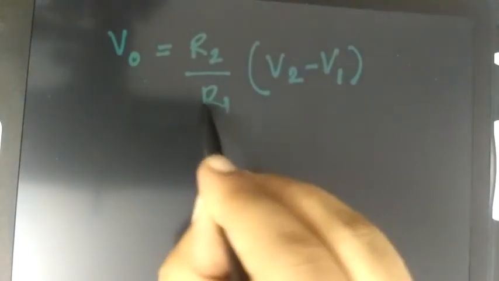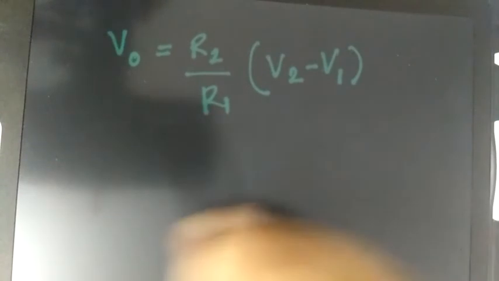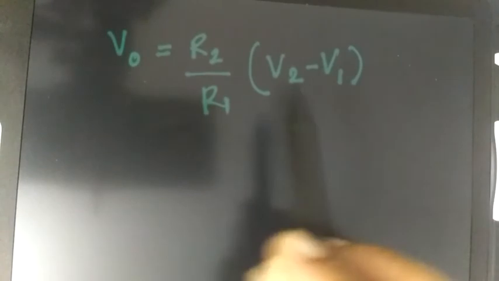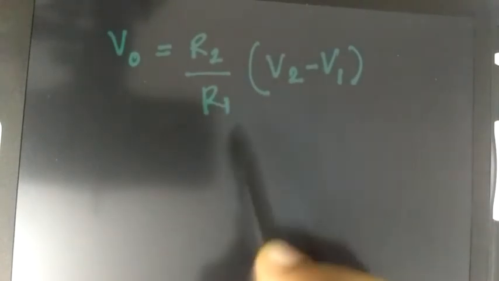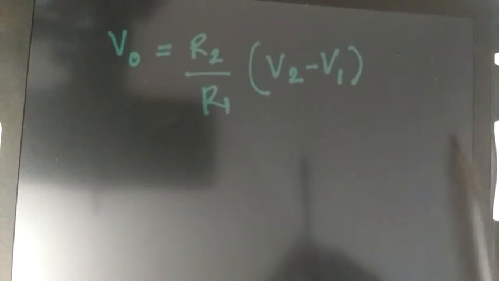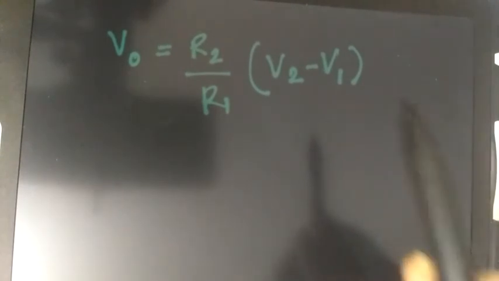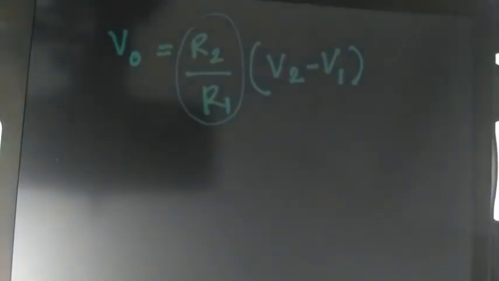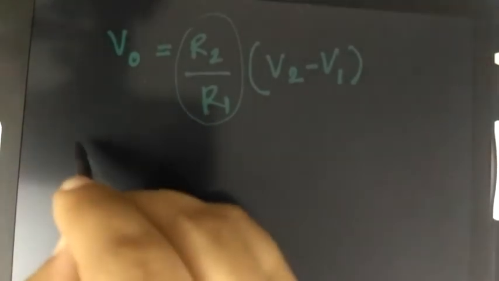You can see from this equation that this is actually the gain of the differential amplifier. This gives you the differential amplifier circuit, the difference of two input signals. I hope this section is quite clear to you.